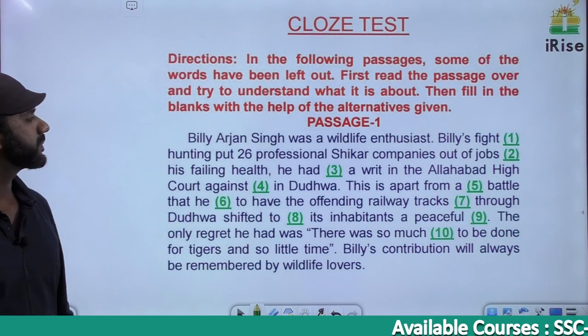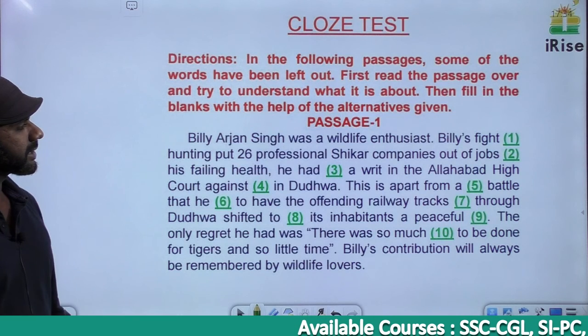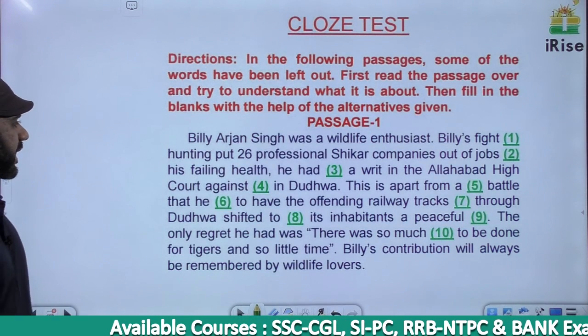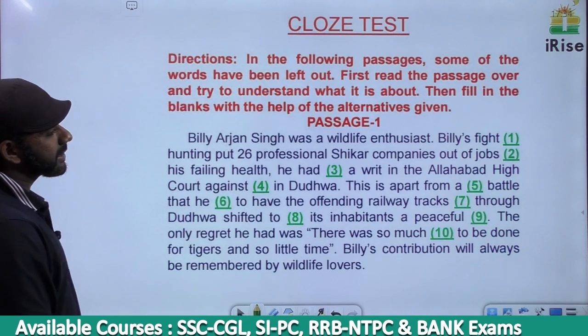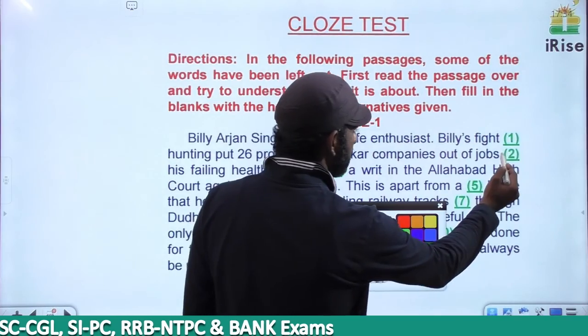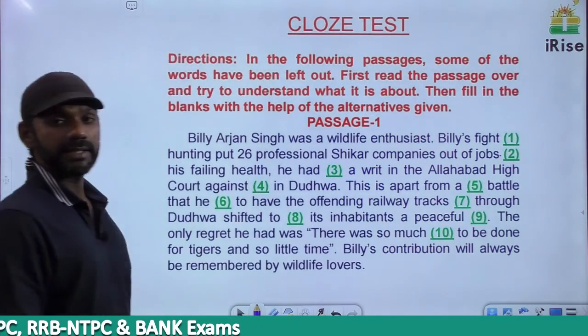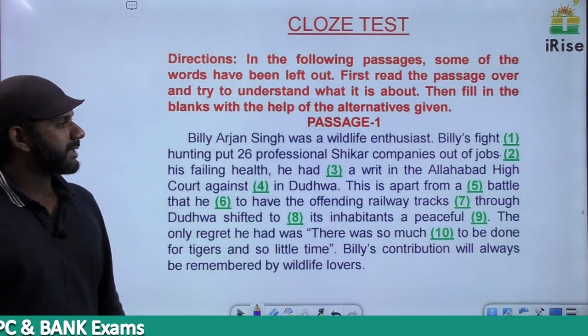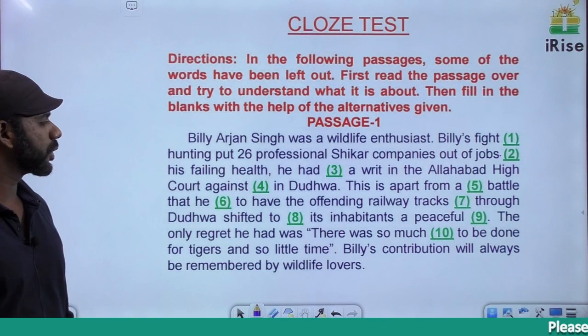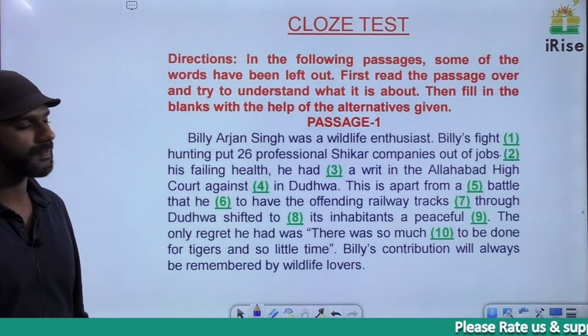Come to the first one. Billy Arjun Singh was a wildlife enthusiast. Billy's fight dash hunting put 26 professional shikar companies out of jobs. Full stop. Punctuation marks matter a lot while reading. Dash his failing health. He had dashed a writ in the Allahabad High Court against dash in Dudhwa.